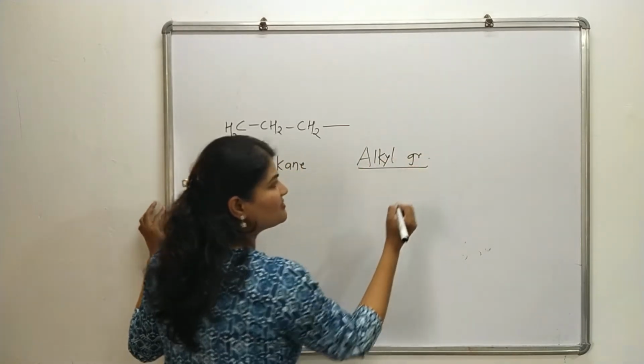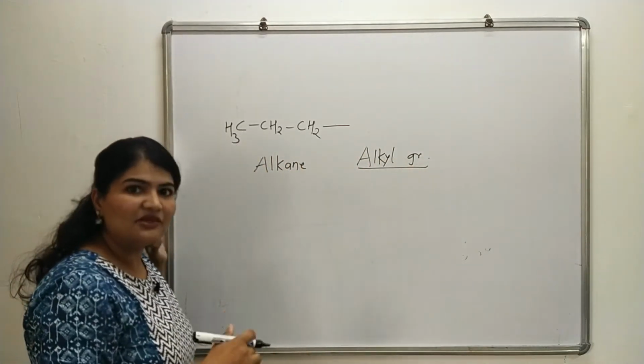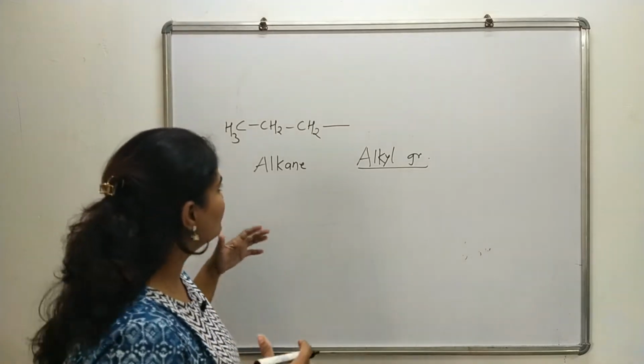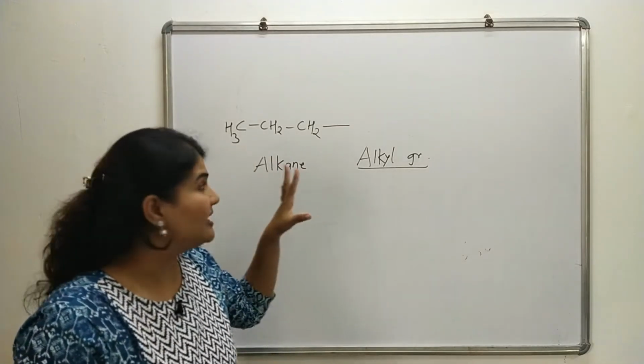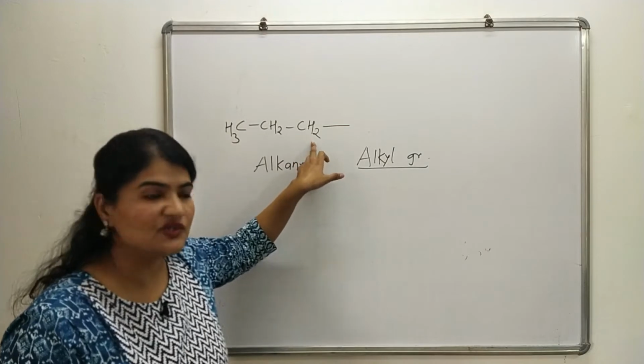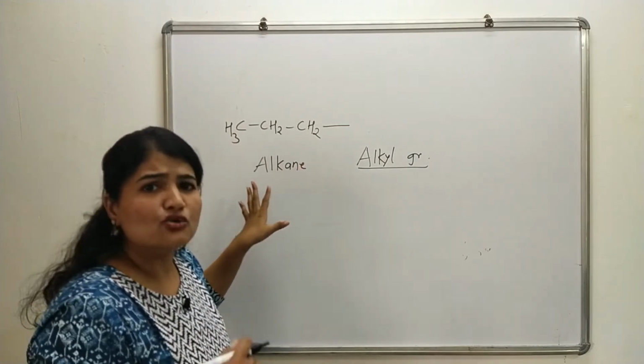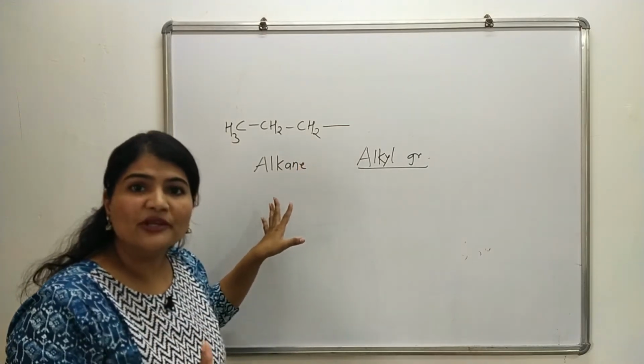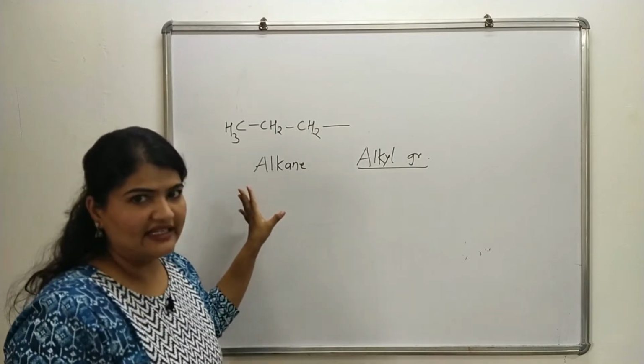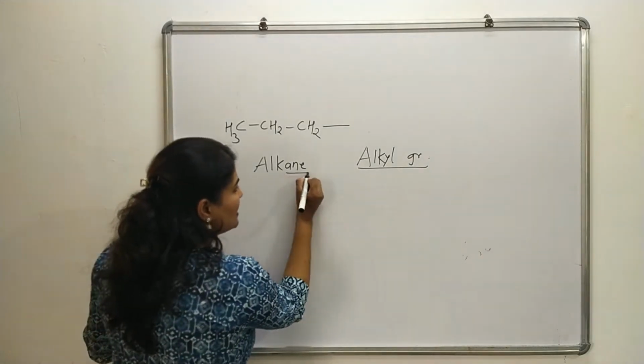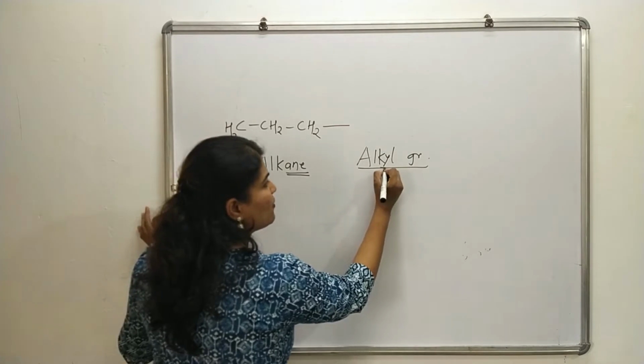So alkyl groups are basically substituents. They can be straight chain or branched chain, but they are made by removing one of the hydrogens from the parent alkane. So obviously their name will also be derived from the parent alkane. How? We will replace ANE from alkane by YL.